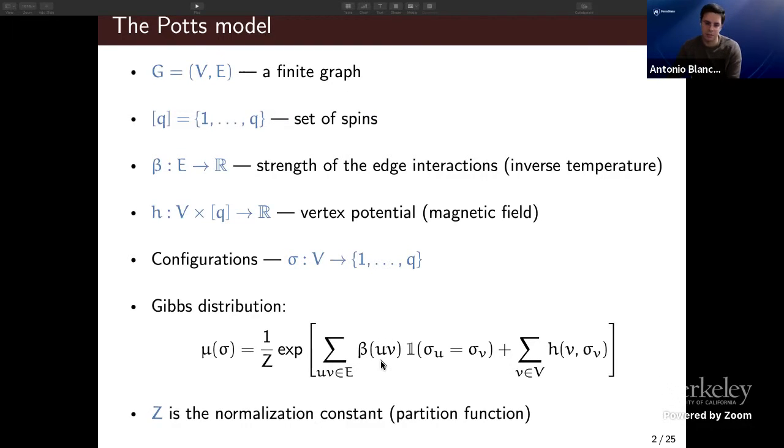We always have the same parameter beta, the same edge interaction beta over all the edges, and sometimes we'll look at the case where there is no external field. But this is the most general definition. And as I said, C here is just a normalization constant to make mu a probability distribution, and it's also known as the partition function in statistical physics.